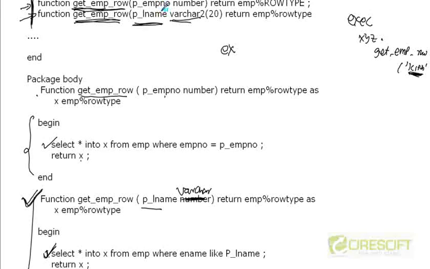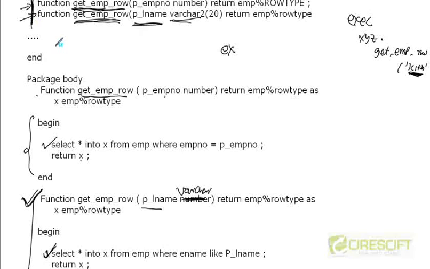This enables us to build flexible ways of invoking subprograms with different data. All right, so this is what is called function overloading, procedure overloading, or subprogram overloading.